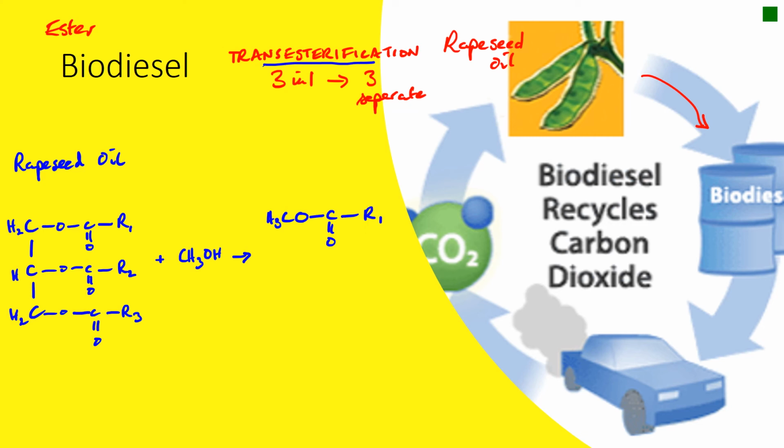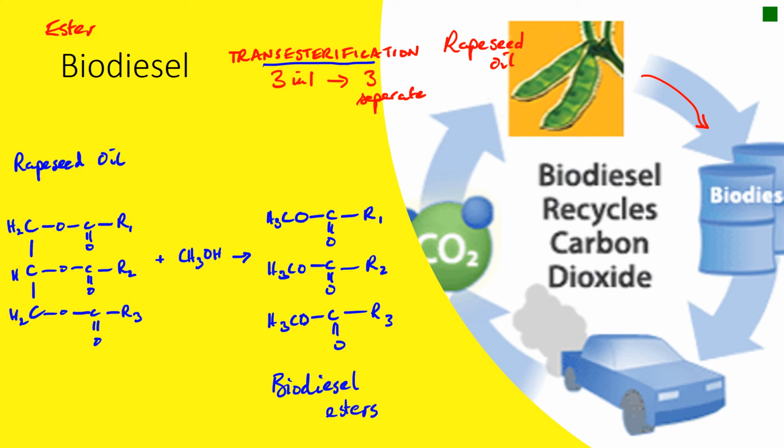So you can see that's come from the top part of the triglyceride molecule. The other ones look the same, except our alkyl groups may be different. And these are the biodiesel esters. These esters here are the biodiesel esters.